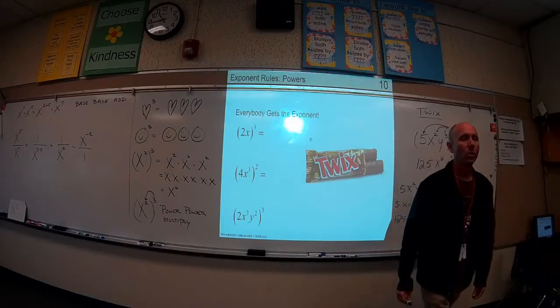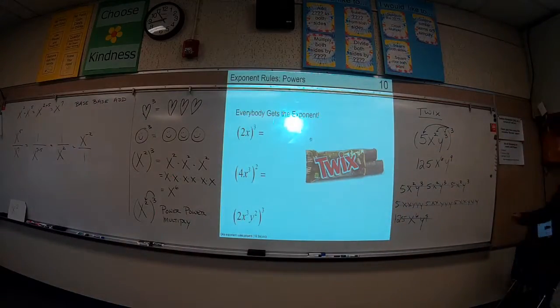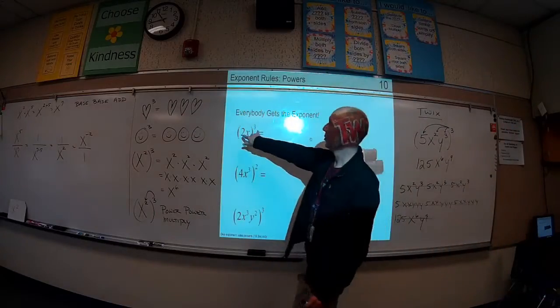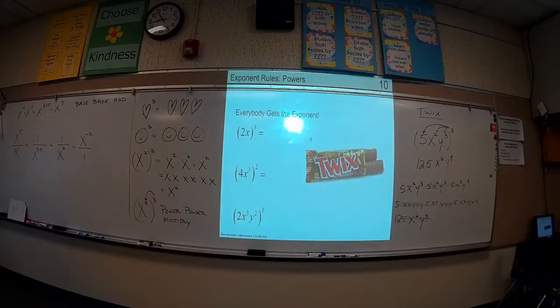Okay. Get your whiteboards out again. And let's see if you can do this one right here. Okay. Nate, you got it. So you're starting with 2 to the 3rd. Good.